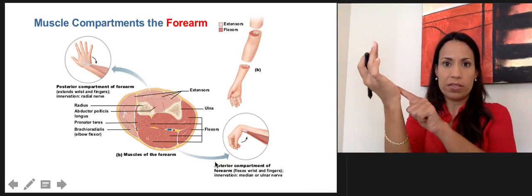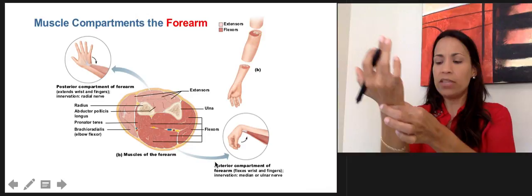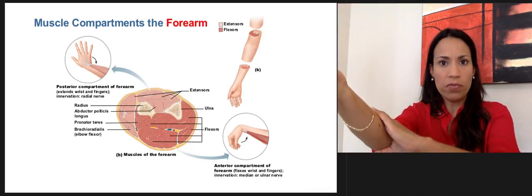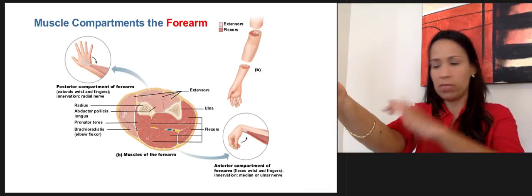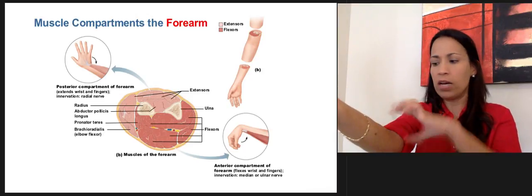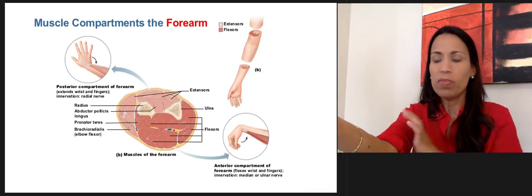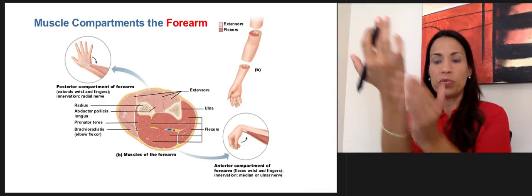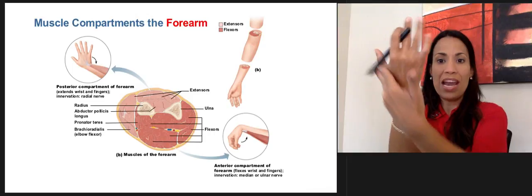the wrist joint. They're going to originate somewhere on the forearm, on the radius or ulna, or even on the humerus. And they're going to cross the wrist joint anteriorly, posteriorly, medially, or laterally.